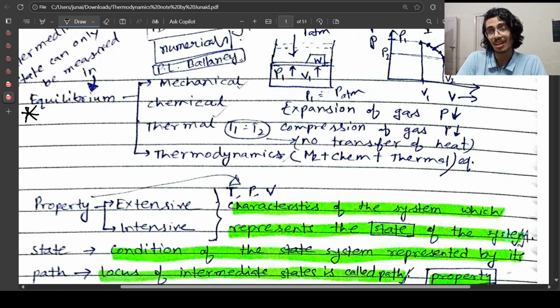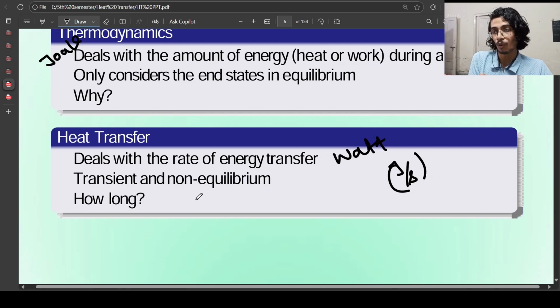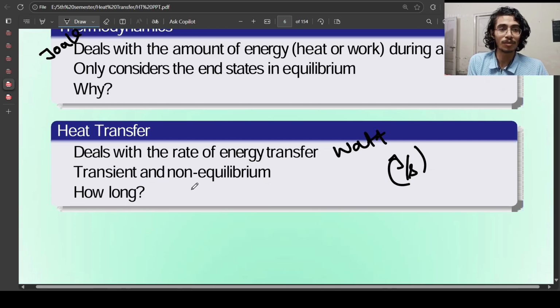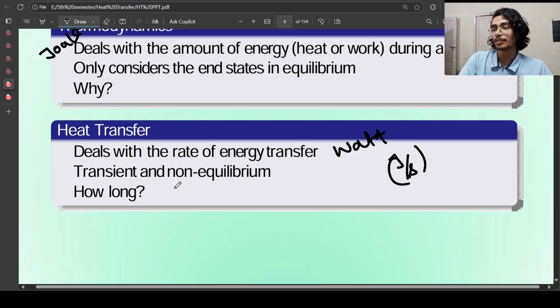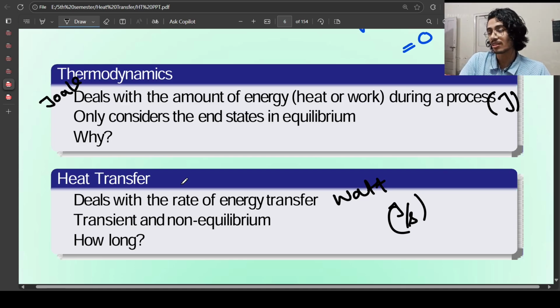In equilibrium, there are mechanical equilibrium, chemical equilibrium, thermal equilibrium, and thermodynamic equilibrium. We considered the states in equilibrium when we studied thermodynamics. But in heat transfer, we will not consider only the equilibrium state. It can be non-equilibrium, and it can also be transient. These are the most important differences we have already discussed.